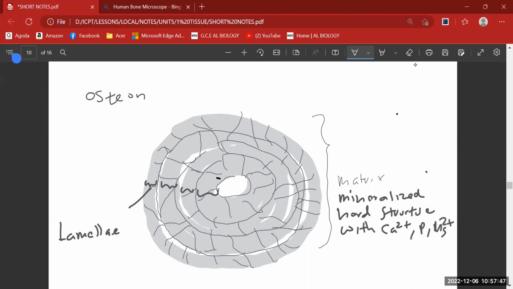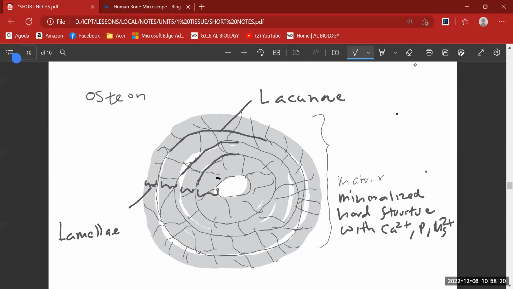And this margin between two lamellae, this one, is called lacunae. That is an interface between two lamellae. So this line is the lamellae. Likewise, this is another lacunae. So these are the lacunae.